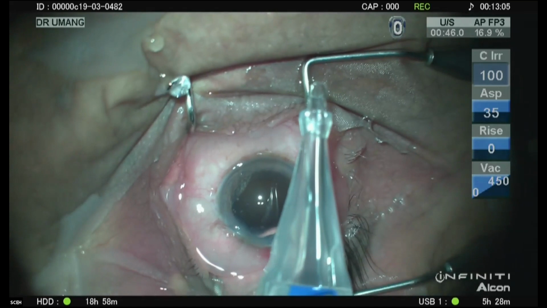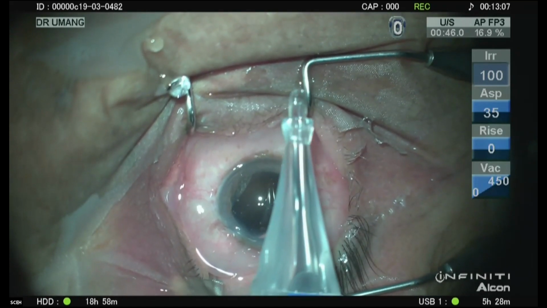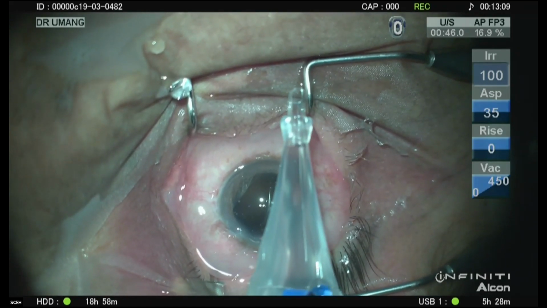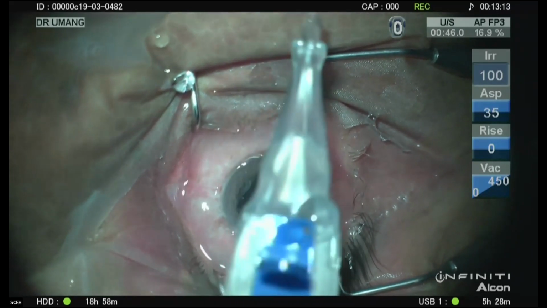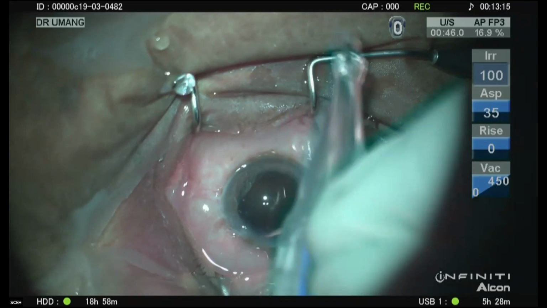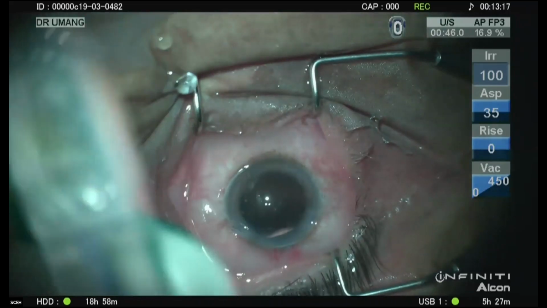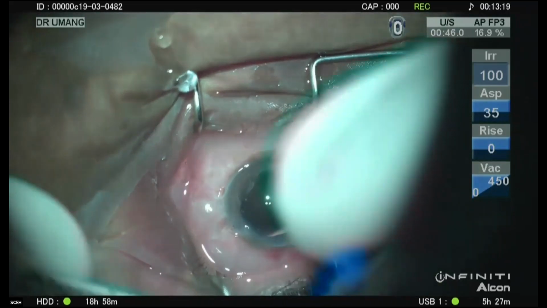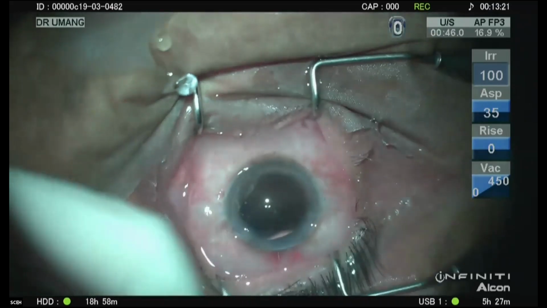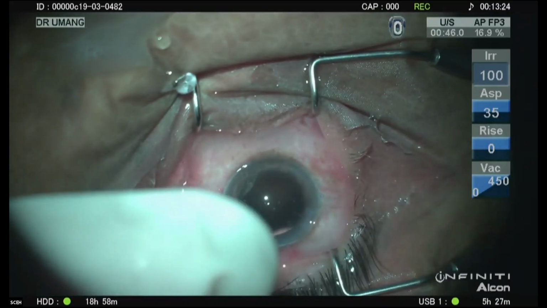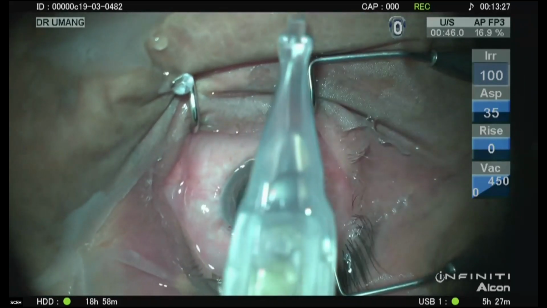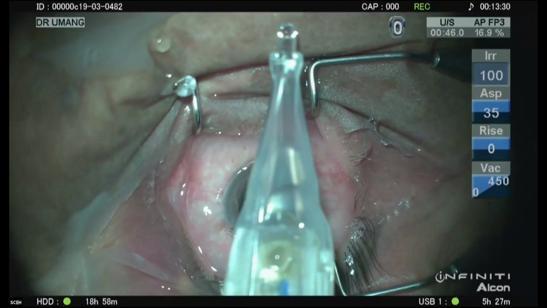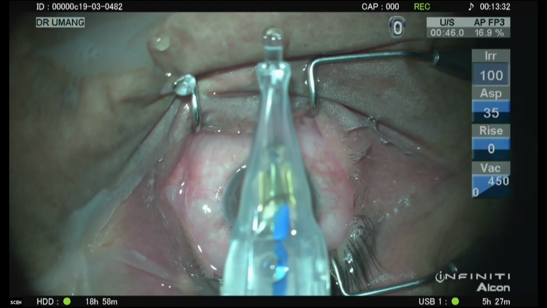And we put viscoelastic through this hole. And remove this, and we just move the other lock. Now I move the lens.